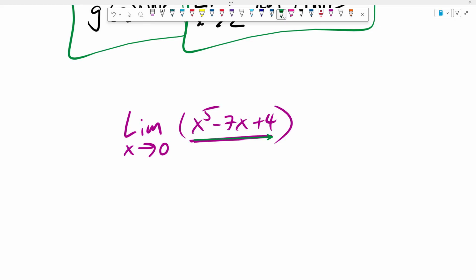A polynomial. Okay, all polynomials are continuous over all real numbers. Since we know it's continuous over all real numbers, we know this limit exactly equals whatever f of 0 is. Let's call this f. And what is f of 0? It'll be 4. Okay. So if we know a function is continuous at any value or over all values, the limit as x approaches that number will always equal the function value.